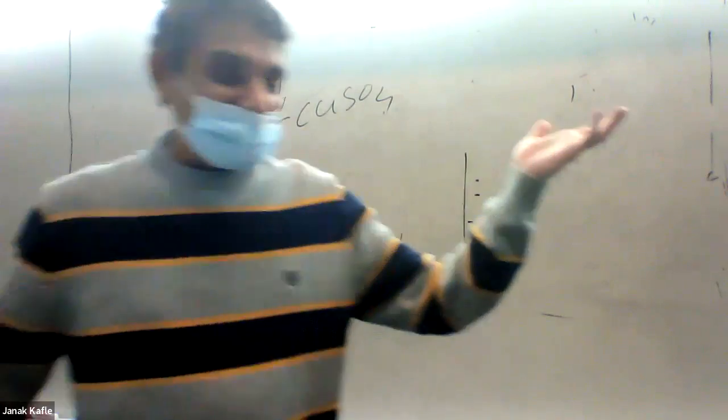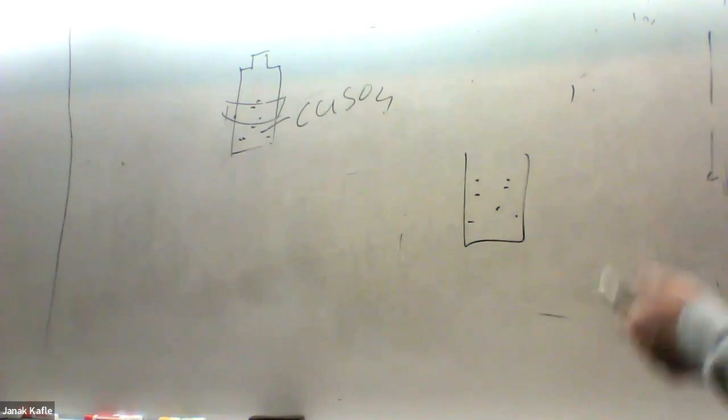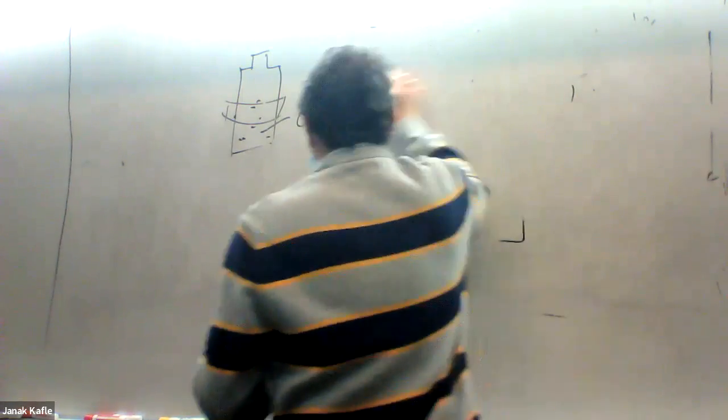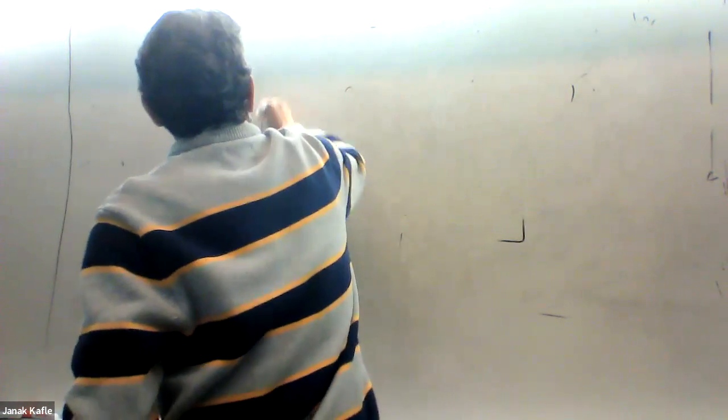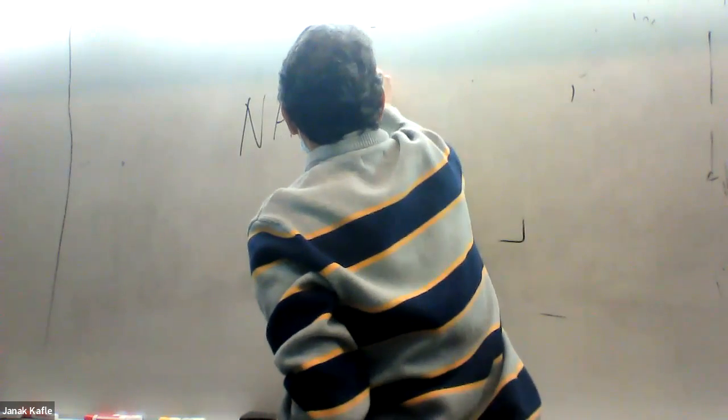So let's practice whether some compounds dissolve or do not dissolve. Look here. I'm going to put NH4 and F together on the board, just like the multiplication table. NH4 is +1 and F is -1.